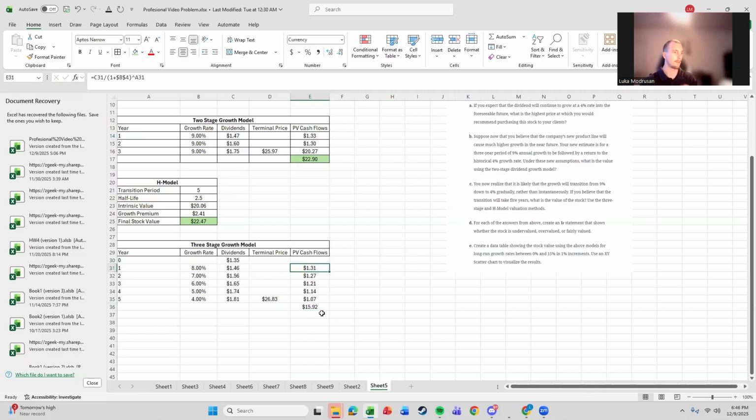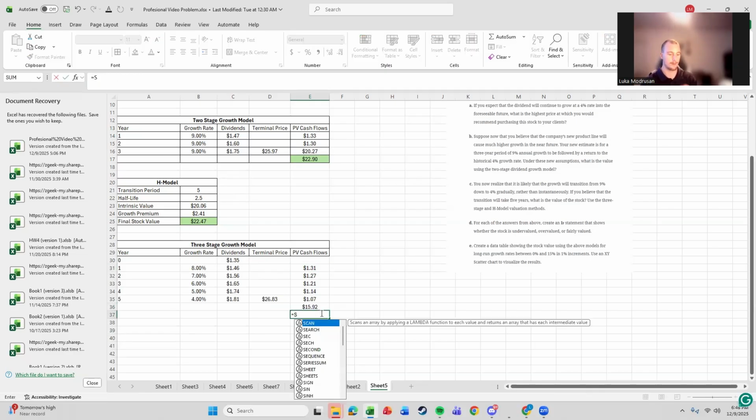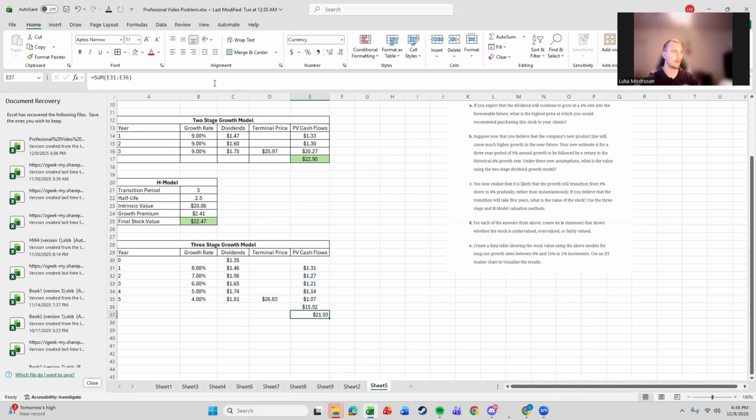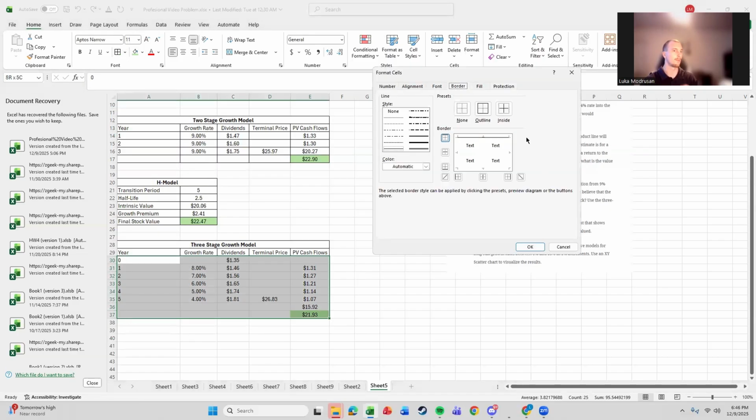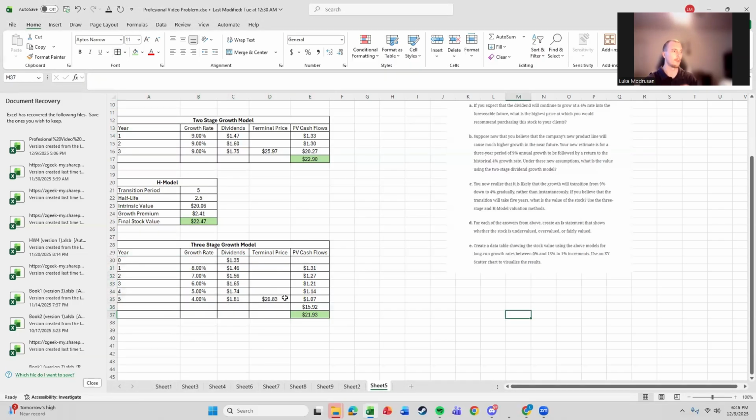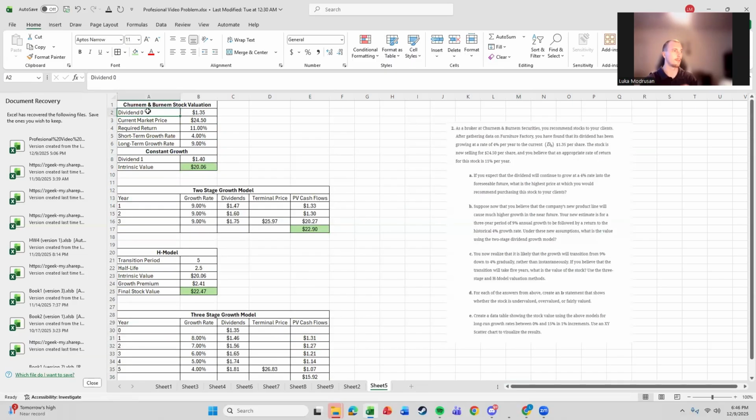And then let's do a sum function. And then that is going to be our final answer. Right, like that. And then let's just finish off the borders. And then now I'm just going to do this. Be faster to do it this way.